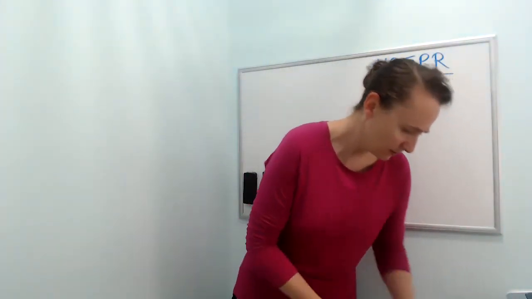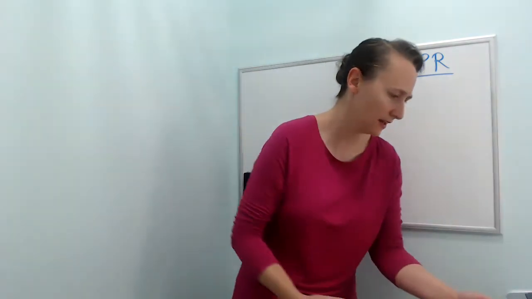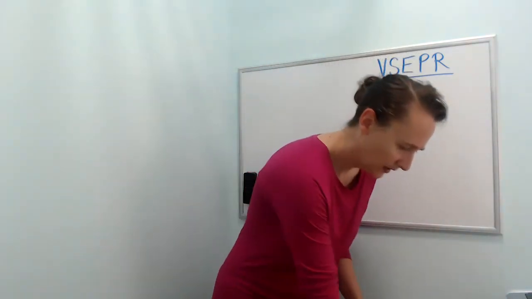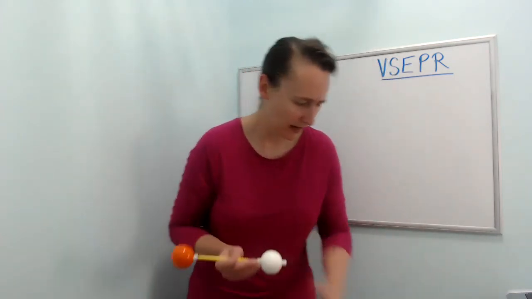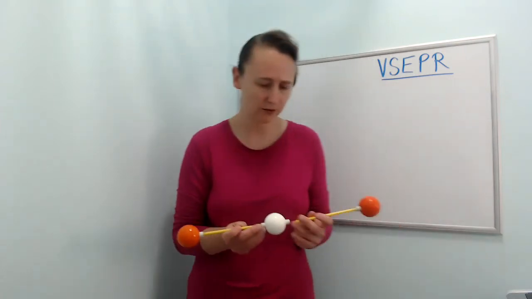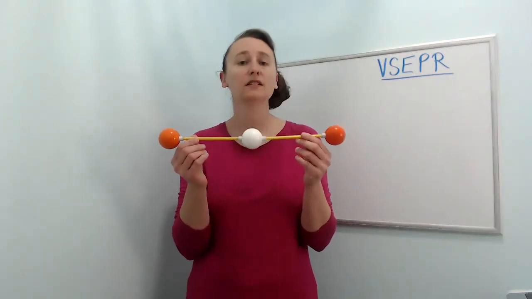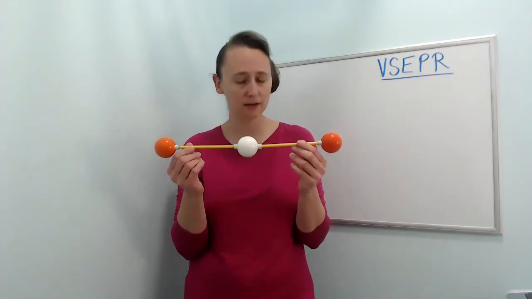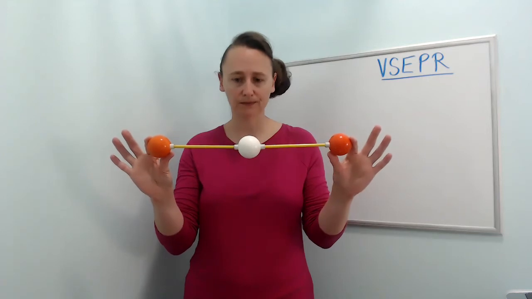All right, so we're going to start with our first row, which is a group of 2. If you have 2 atoms or 2 groups around a central atom, they are always going to spread out as far apart as possible and symmetrically, so they will be 180 degrees apart.